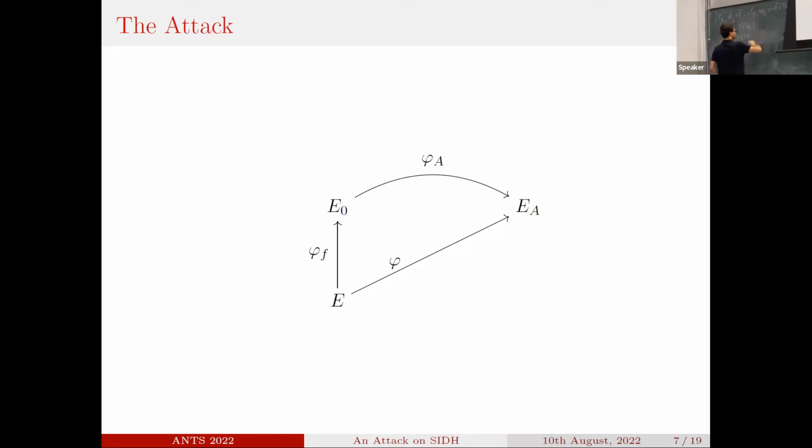Then the other component of capital phi, the secret endomorphism, is the dual of phi, that is C phi minus 1.